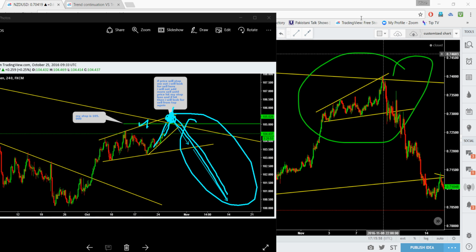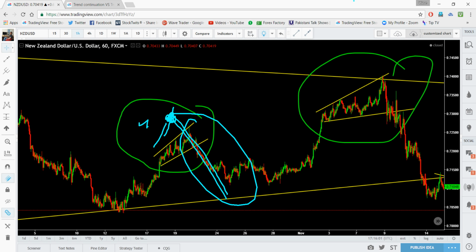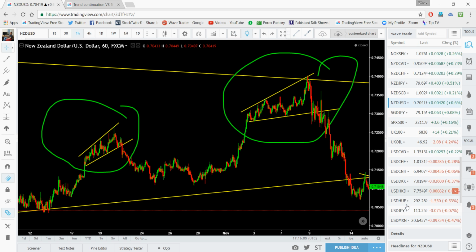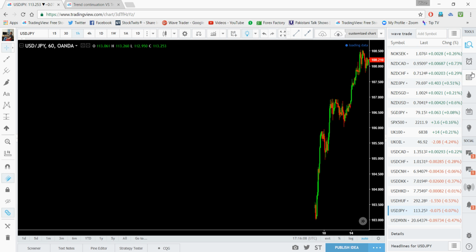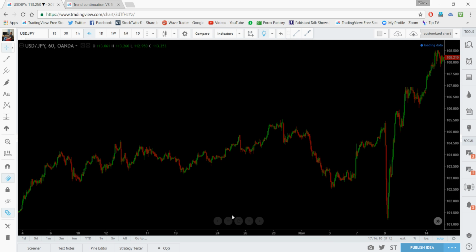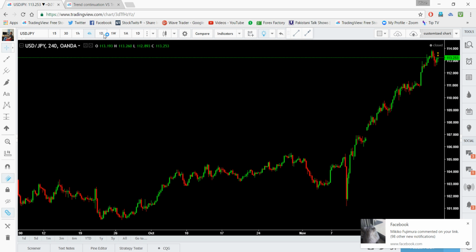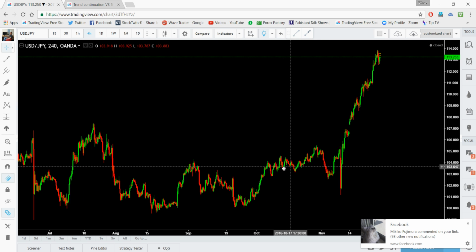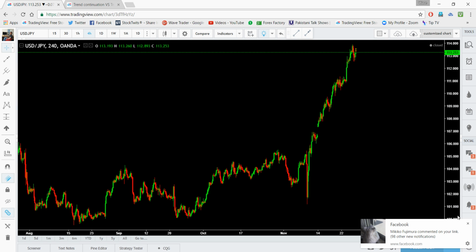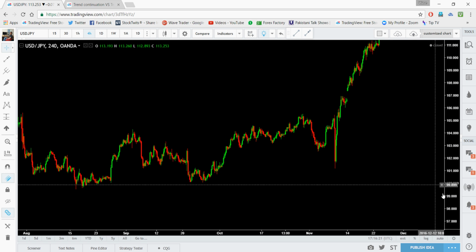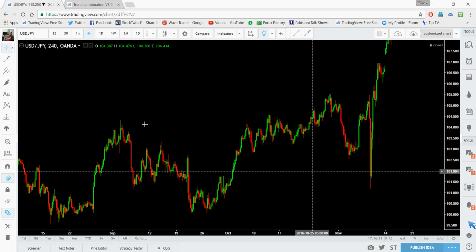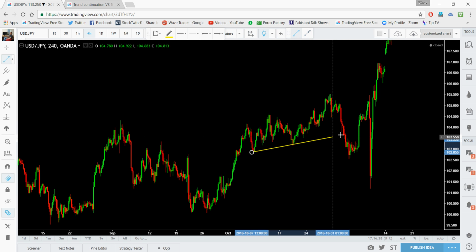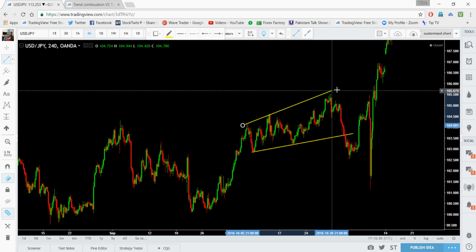All right, so if I look at the live chart, this pattern behaves in a certain way. This was the pattern. Let me draw on this. This was the pattern.